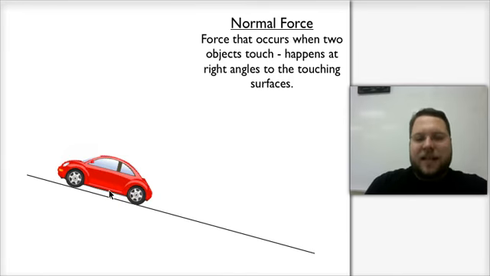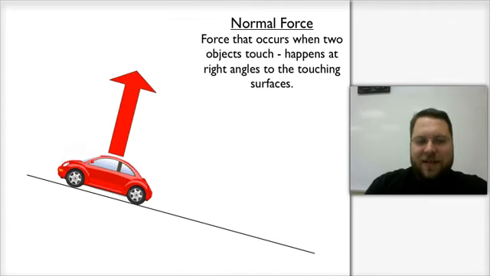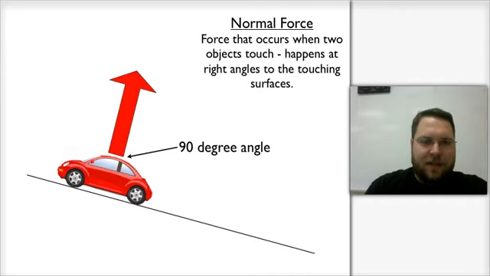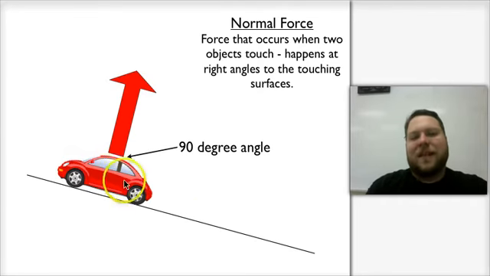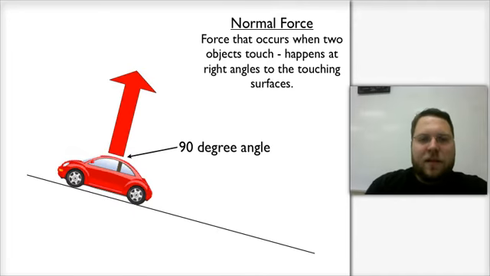So at a 90-degree angle to the car and to the surface. If we add that vector in there, this is what it looks like. Notice it's pointed up and to the right, perpendicular to that surface. Again, perpendicular just means 90-degree angle, so it's going to make an L with that.